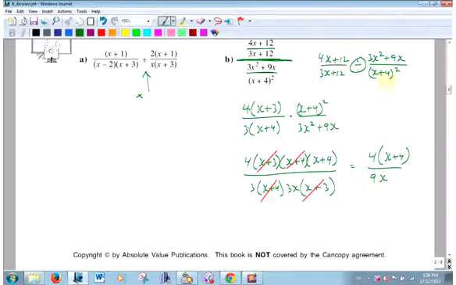Now, restrictions. What can't I do? X can't be 0. It can't be negative 4. It can't be, what does this become? X plus 3, negative 3. Okay? But what were these? Remember this one?